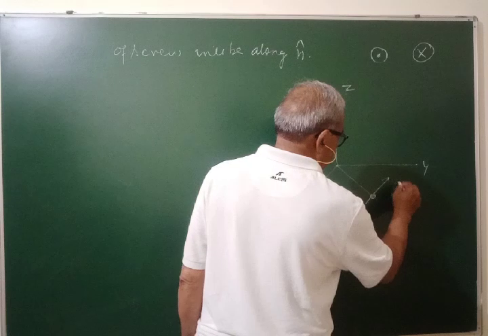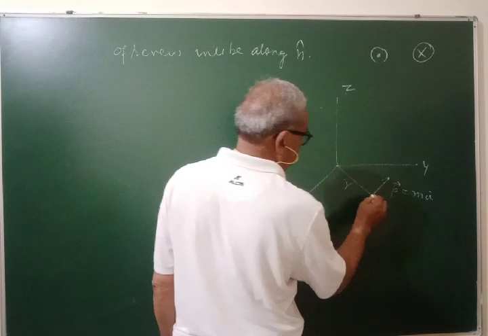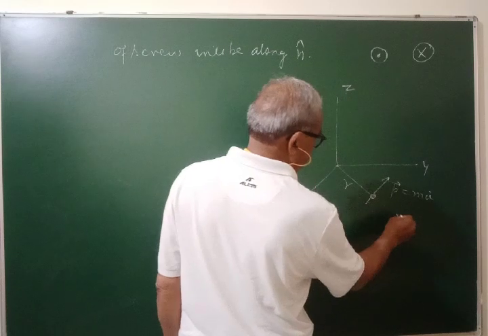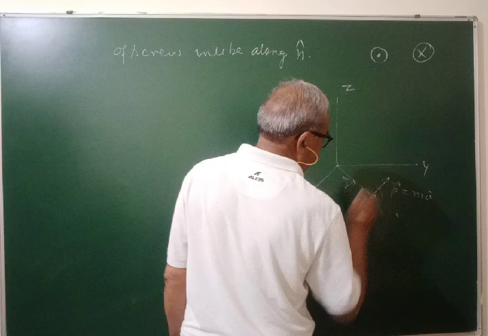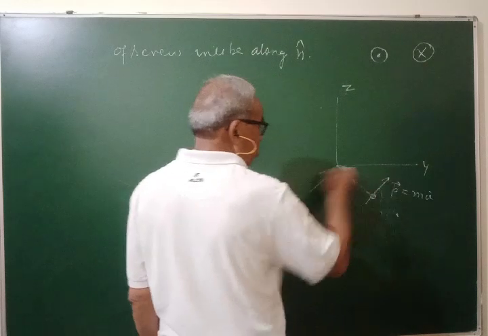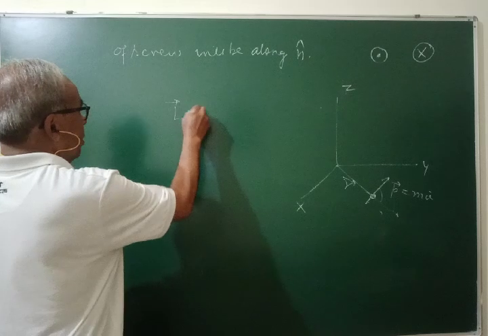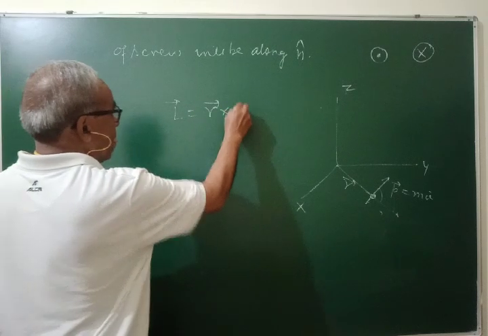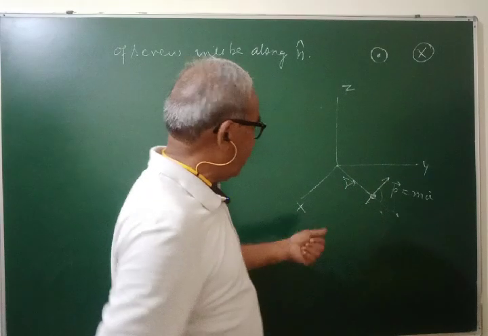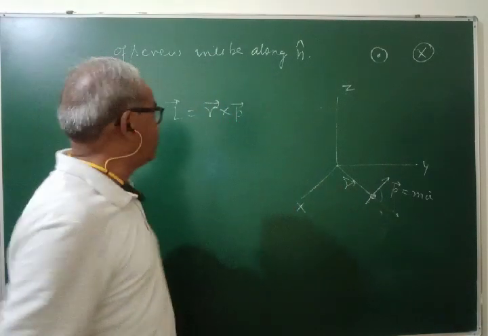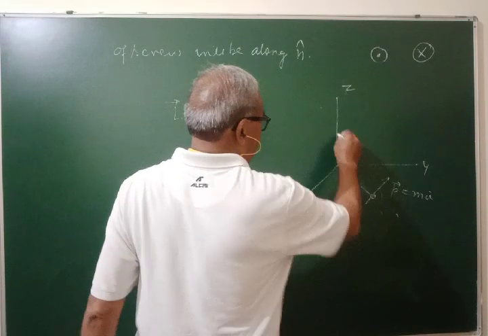So momentum p equals mv, and the position vector is r. The angle between vectors r and p is this. So r cross p, actually you will study angular momentum. Here r and vector p are lying in the xy plane, so angular momentum L will be normal to the plane and outward along the z axis.